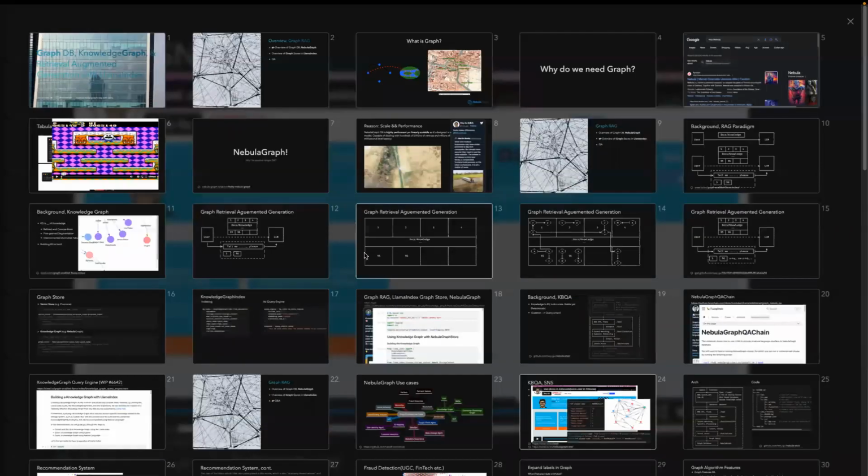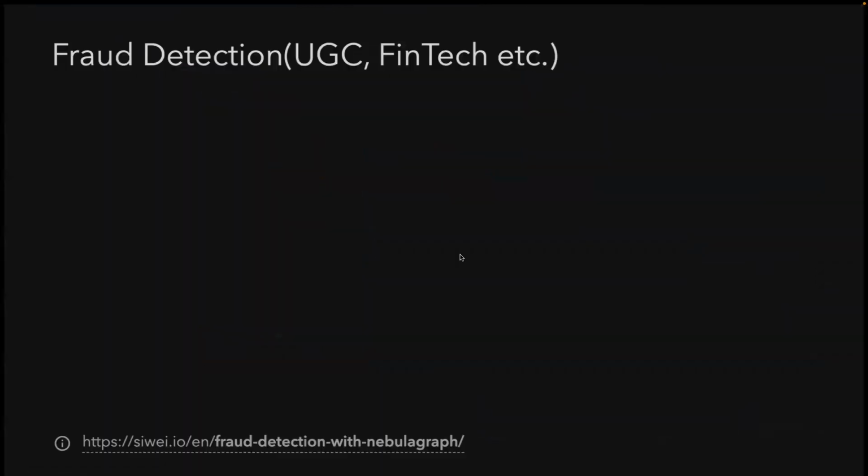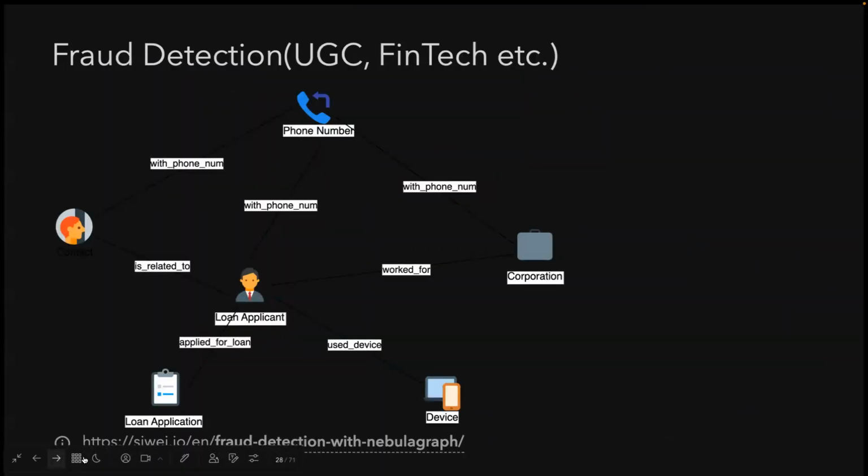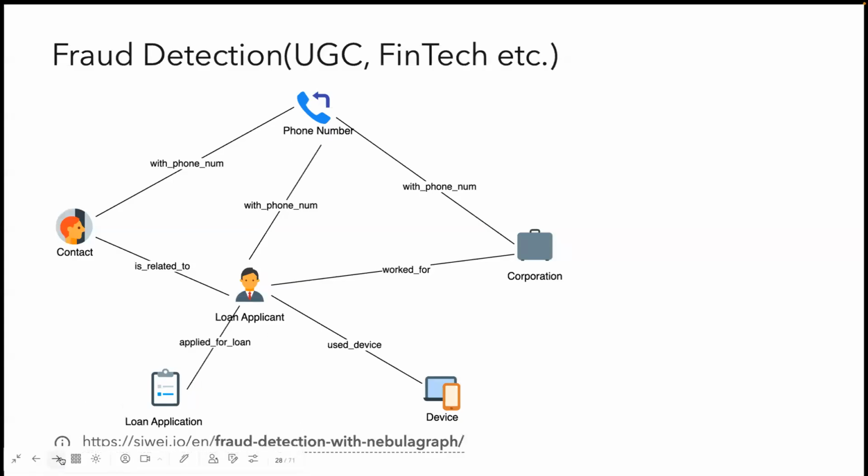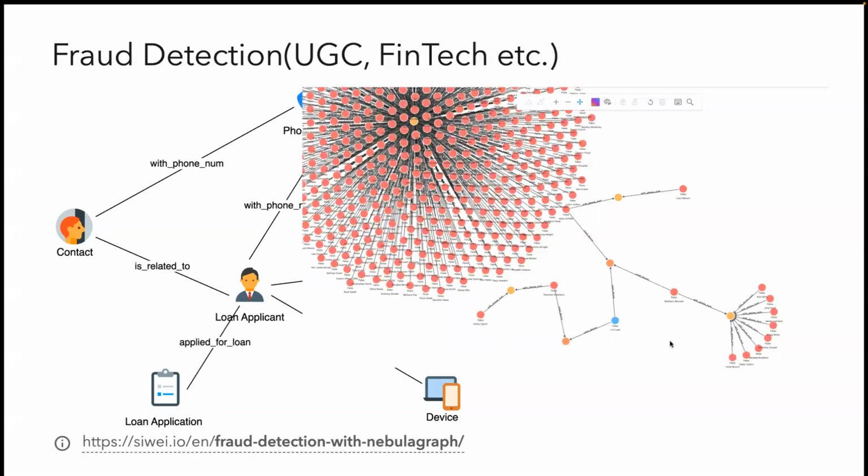I won't walk through every slide here, but it's an example. If we model this problem in graph, we can do a simple query to know this is one person or one device related to a bunch of different actions, so this can be higher risk. This is the query-based problem solving.